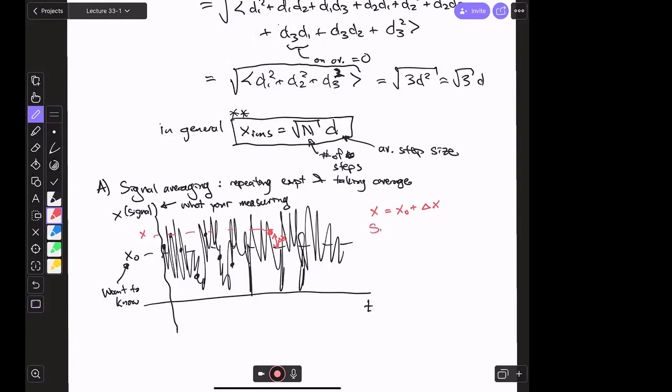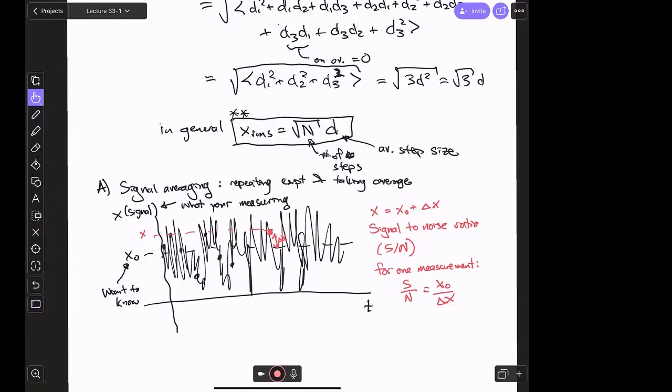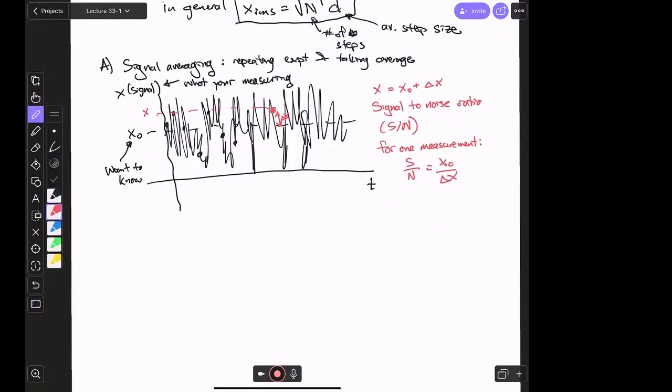We can define the signal to noise ratio. So S over N. So it's a ratio of the signal to the noise. For one measurement would just be X naught over delta X. So now let's think about what happens when we repeat the experiment many times and take the average.